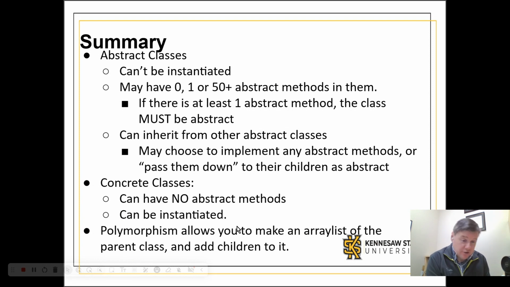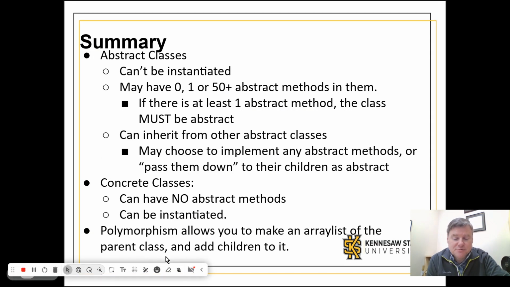Or you can inherit concrete methods, which just get passed down as concrete methods like they always have. Children, if they're going to be instantiable, can have no abstract methods, and polymorphism works the same way here as it did in the last section, where you can have children that are instantiated on top of a parent type at any level of the tree. You could have a grandparent that has a child on it, and that's all perfectly allowed.